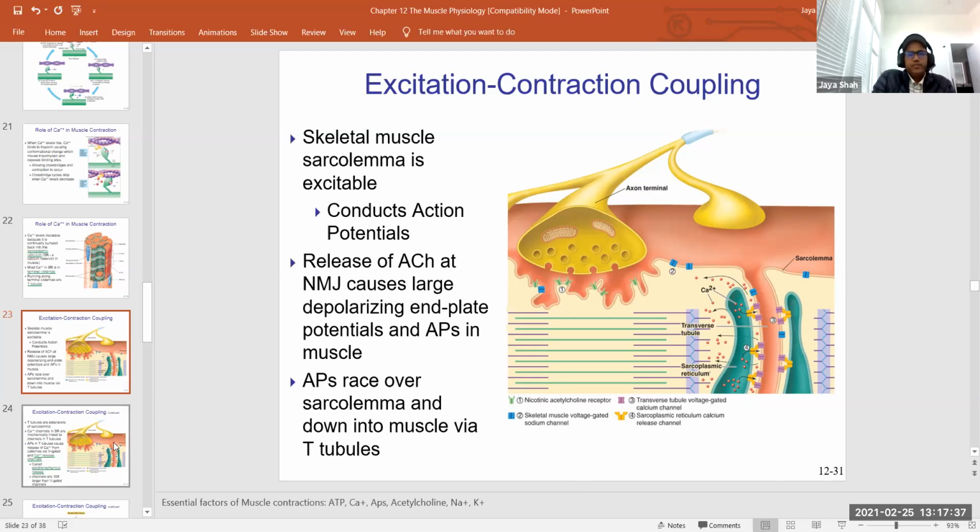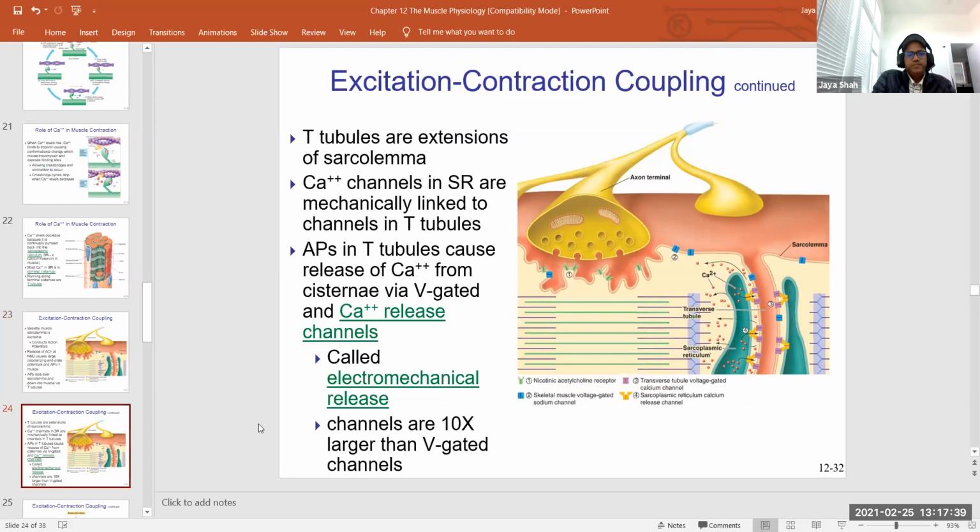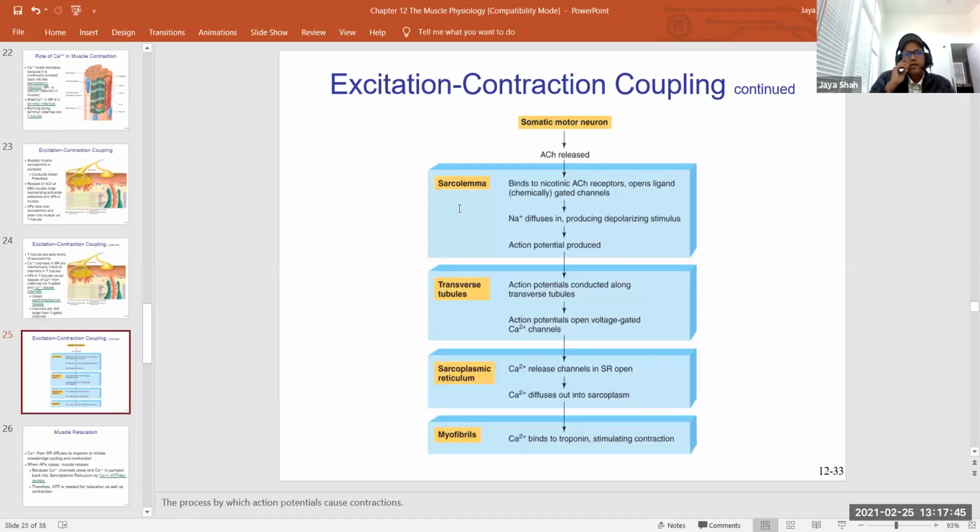So this is the excitation-contraction coupling, the steps we talked about. As you see, the somatic motor neuron is the motor neuron innervating or supplying the skeletal muscle cells, muscle fibers.